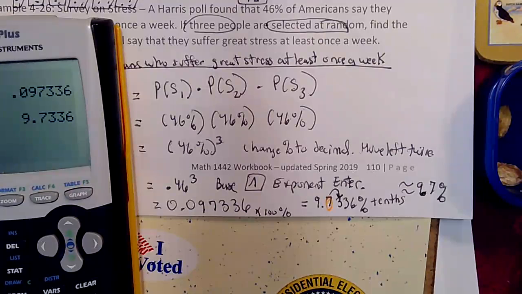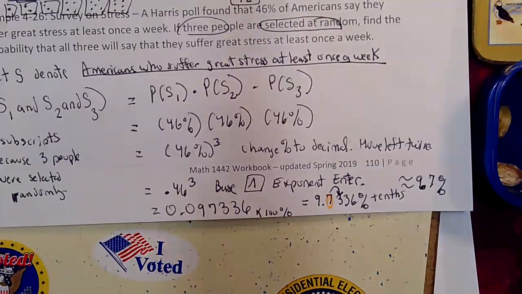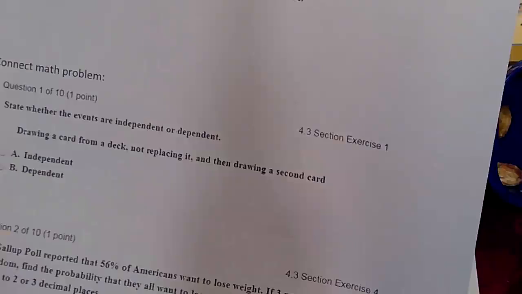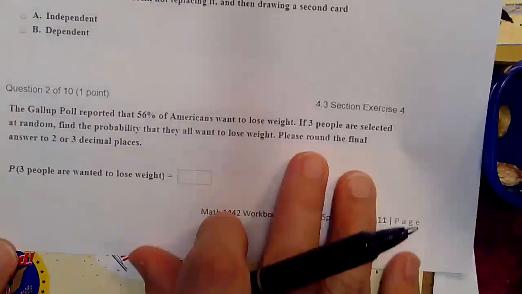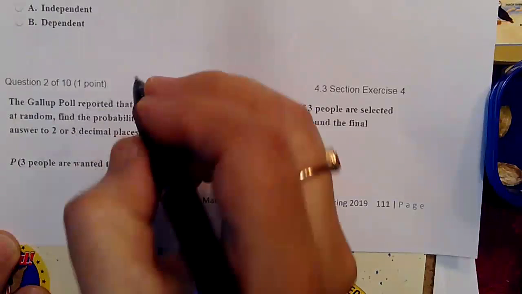Now, there is another problem like that in the workbook at the bottom of page 111, the next page. They have another example that has to do with what we just did, multiplication rule number 1.